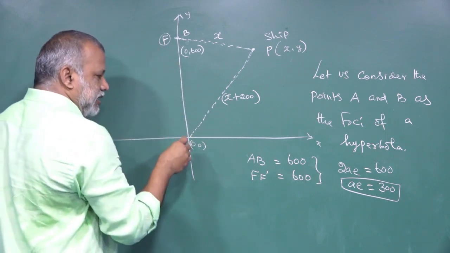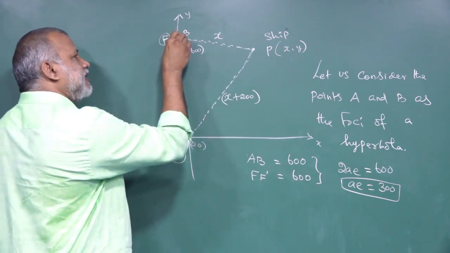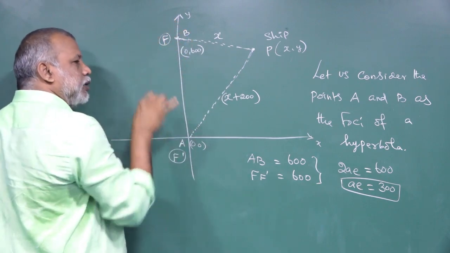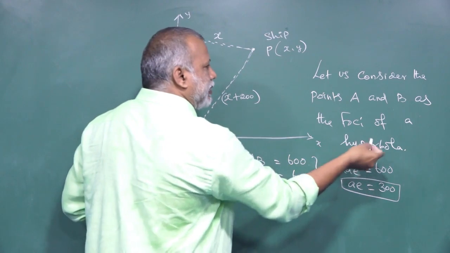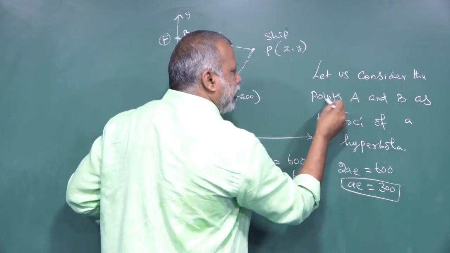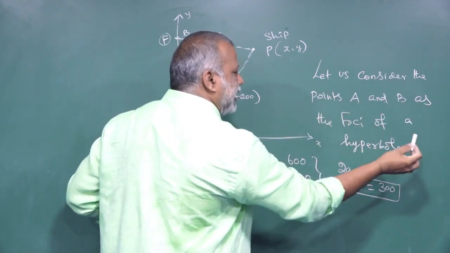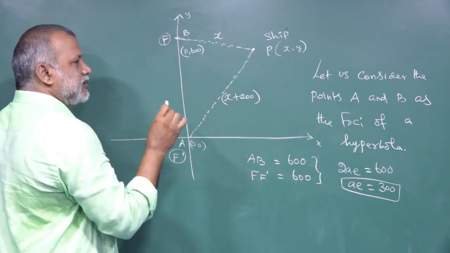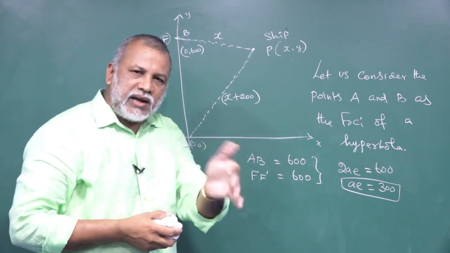This is the consideration: A is a station, B is another station. Let us consider these two stations as the two foci of the hyperbola. Therefore we can name them F and F dash. Then what is the other logic?